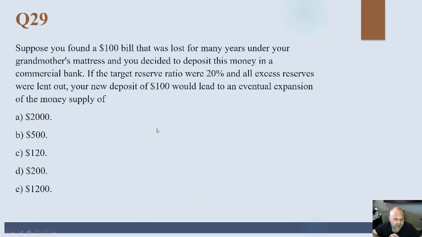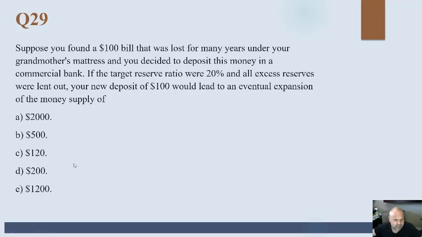Suppose you found a $100 bill that was lost for many years under your grandmother's mattress, and you decided to deposit this money in a commercial bank. If the target reserve ratio were 20% and all excess reserves were lent out, your new deposit of $100 would lead to an eventual expansion of the money supply of how much? How do we calculate that?